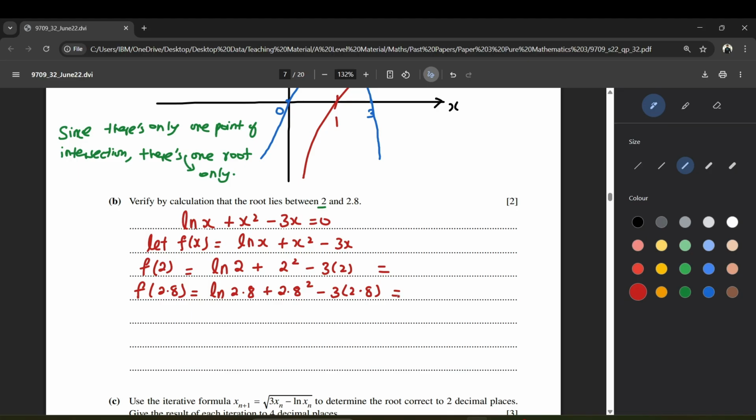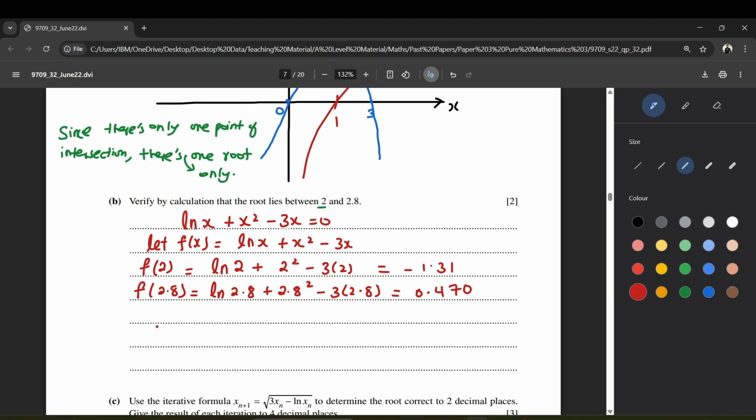Okay, so let me grab my calculator. So we have ln 2 plus 2 squared, that is 4, minus 6. So this gives me minus 1.31. Similarly, ln 2.8 plus 2.8 squared minus 3 times 2.8 will be 0.470.